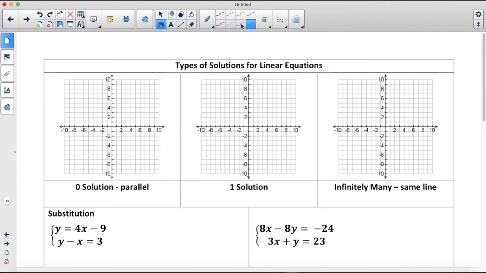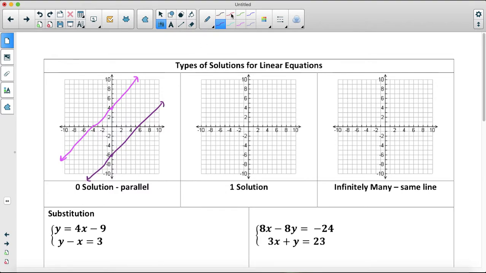So when the lines are parallel, if I have a line that has a y-intercept of 4 and a slope of 1, which looks something like this, and then another line that has a y-intercept of, let's say, 0, -6, but the same slope, these lines will never cross.